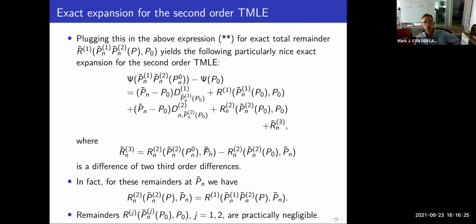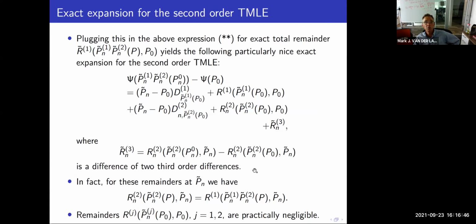And what is that? That's expressed in terms of the exact second order remainder for that fluctuation parameter, which we know is third order. So this actually happens to be a difference of 2 third order differences, and you can actually express it in terms of the exact difference for the actual parameter psi, but then iteratively targeting the initial.